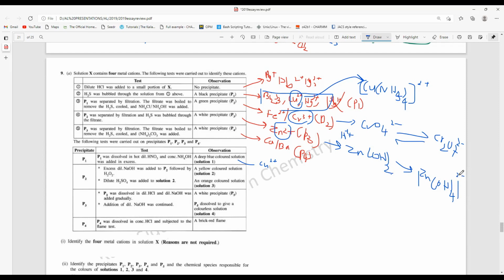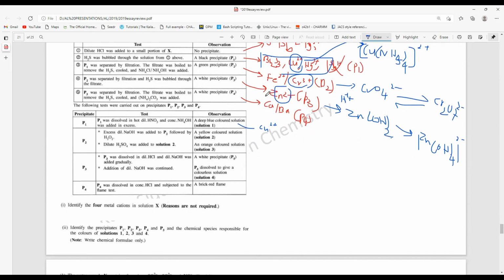So these are very simple things. If you are lacking this knowledge, please go through my d-block tutorial on YouTube, then you will get everything. So we have identified zinc, and we are left with calcium and barium.